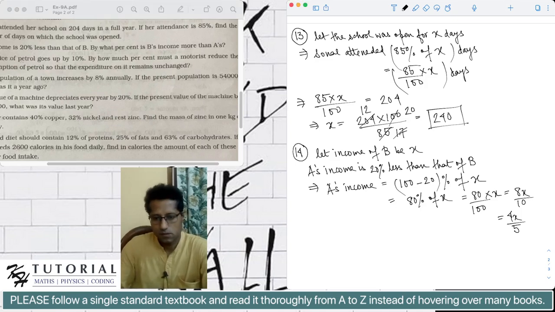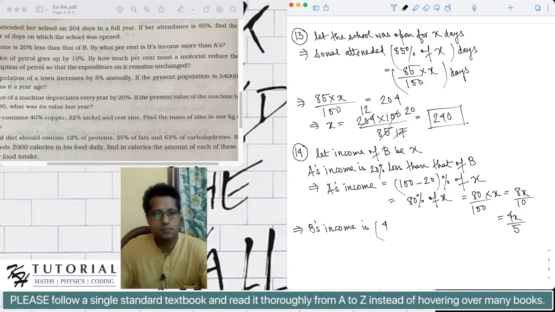So this implies B's income. How much more is B's income? B's income is X, and A's income is 4X by 5.